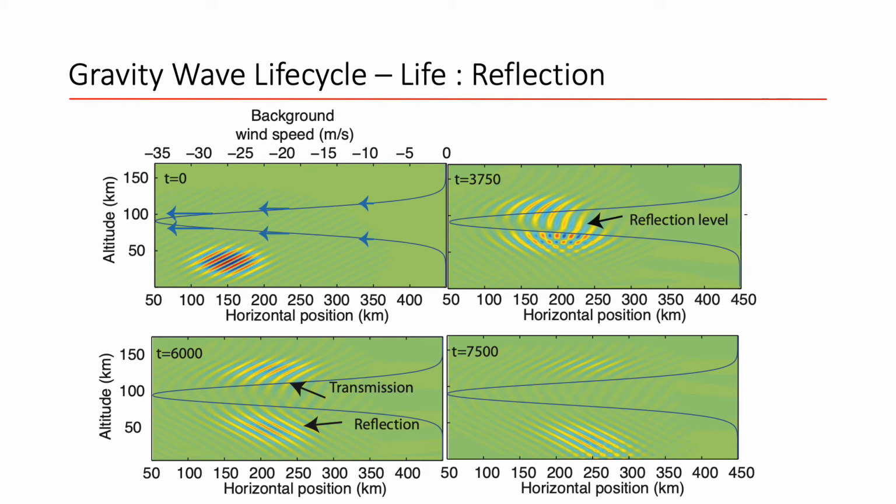It's not a single frequency and wave number, and only part of that spectrum meets the condition to reflect, whereas another part of it will not reflect and be transmitted up into the atmosphere. So in this respect, the reflection layer can act like a filter for waves, allowing certain frequencies and wave numbers to transmit rather than be reflected.